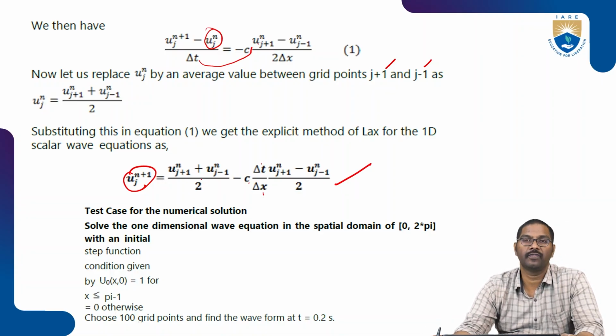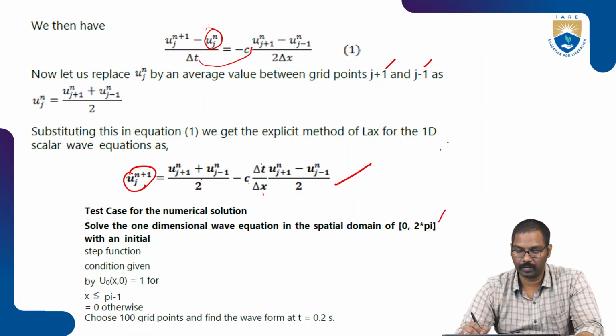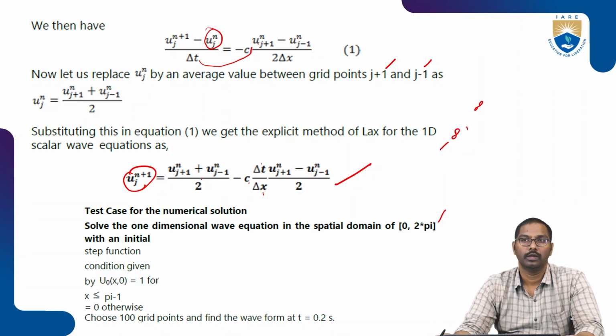This discretized form of the equation is solved for the given inputs, so that we can obtain the waveform from the solution. Here we are taking a test case for the numerical solution, that is solving the one-dimensional wave equation in the spatial domain of 0 to 2 pi. In the initial step we considered from minus infinity to plus infinity, which is a very big domain.